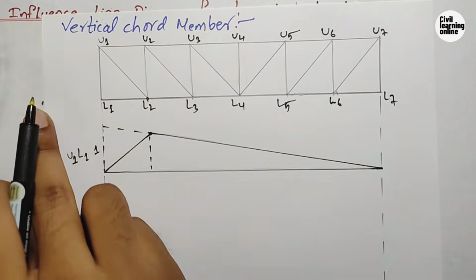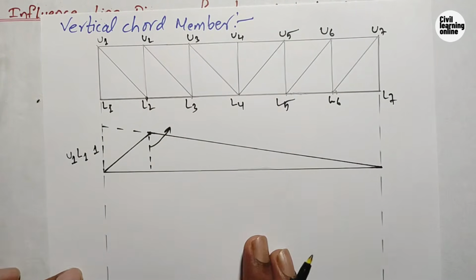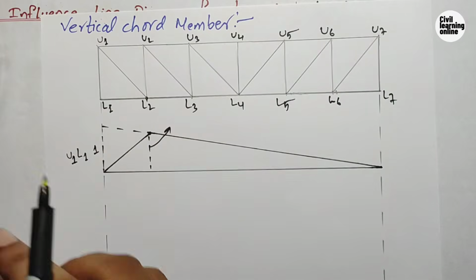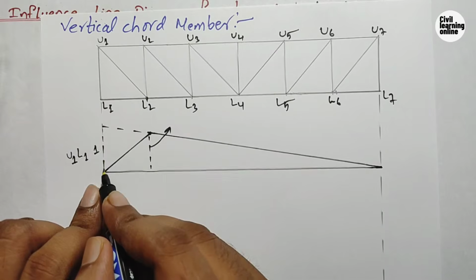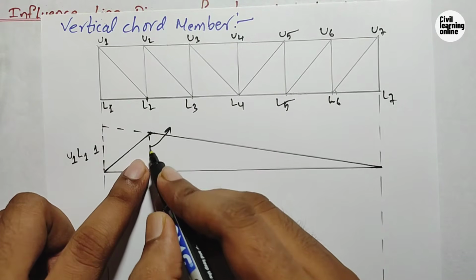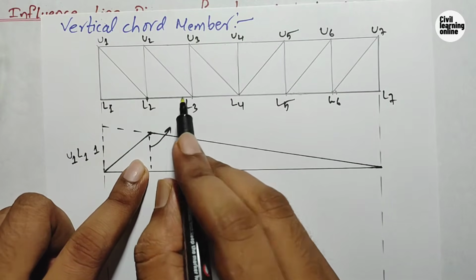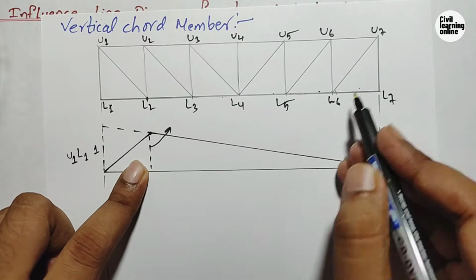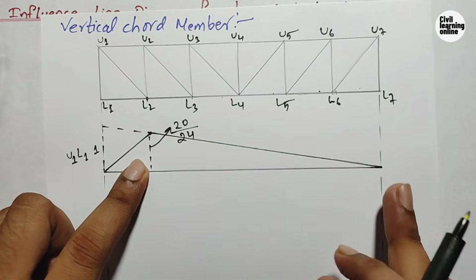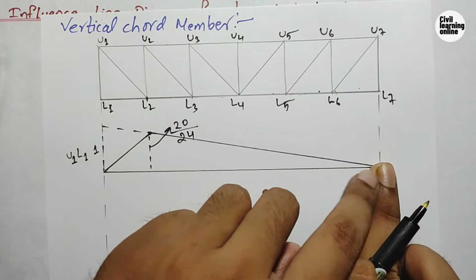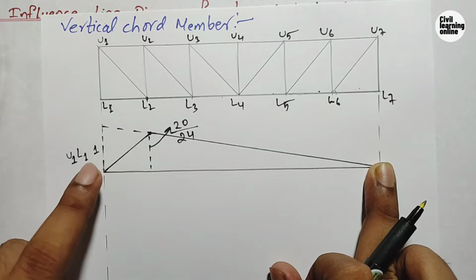Now again we need to calculate the height. Then we will be using the concept which we have used for calculating the reactions at the support. So here this value is 1, so we can calculate this value, means x upon the whole span, and our x is going to be 4 plus 4 plus 4 plus 4 plus 4, means 20, divided by whole span, which is 24, because 0 is here and our triangle is increasing from L7 to L1.